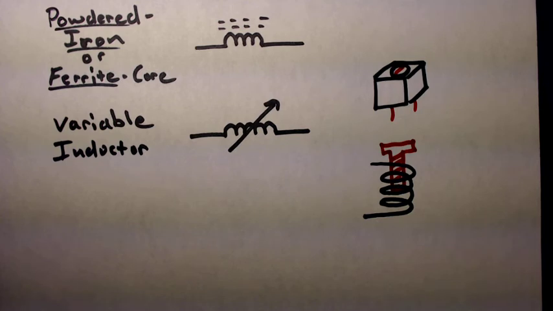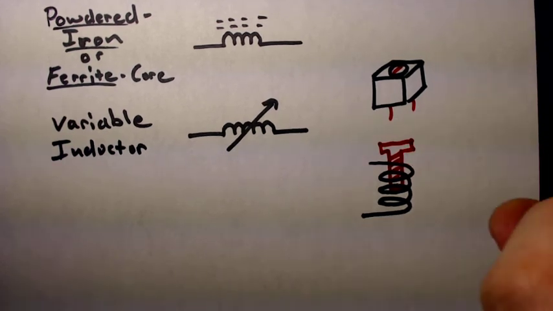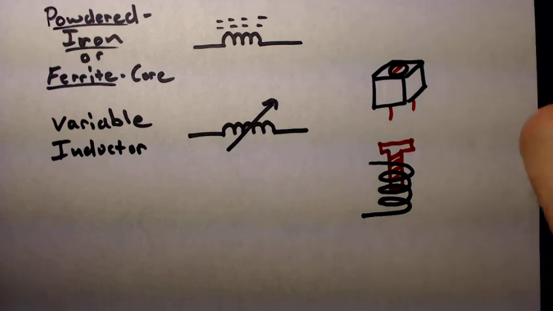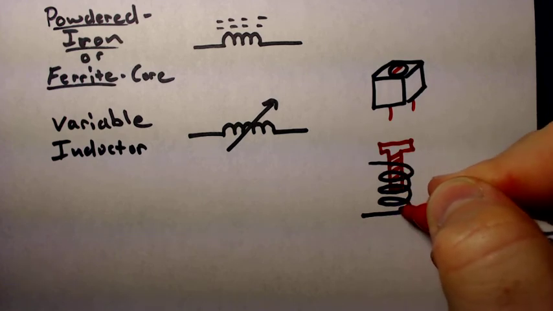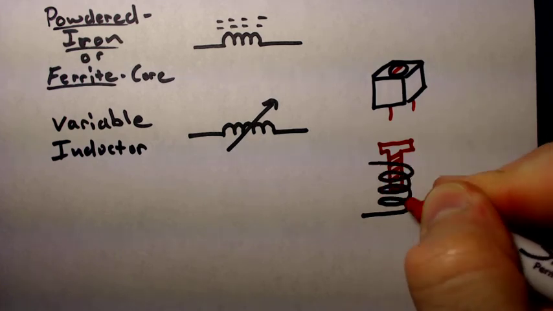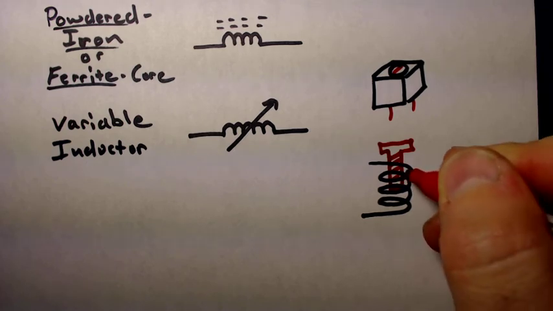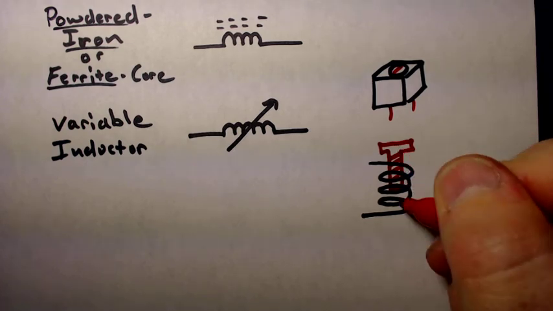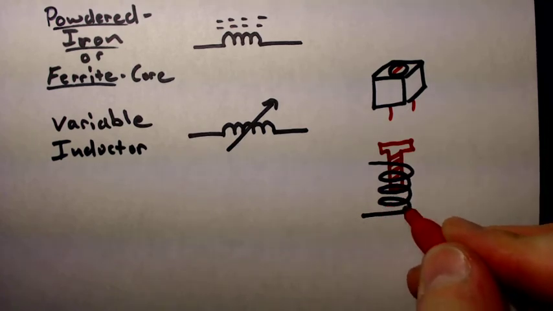That's my screw. And if you turn the threads, if you turn this righty-tighty, lefty-loosey, if you turn it right, or clockwise, I guess, then it's going to go deeper into the coil. That's going to increase your inductance because you're putting more of a core inside of it. Down here, you just have air inside of the coil.